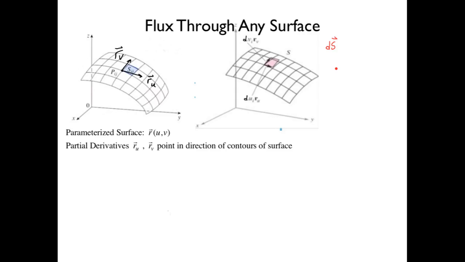So we need two things for that, right? If it's a vector, what two things do we need? Direction and magnitude, right? How are we gonna get the direction of that? Okay, cross product, right? Cross product is gonna be orthogonal to those two vectors, so we do the cross product of those. And then what do we need the magnitude of ds to be?